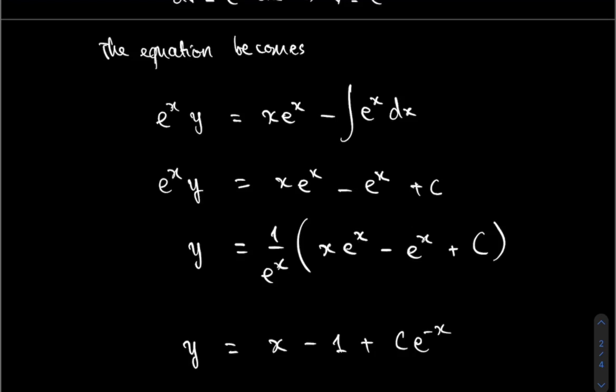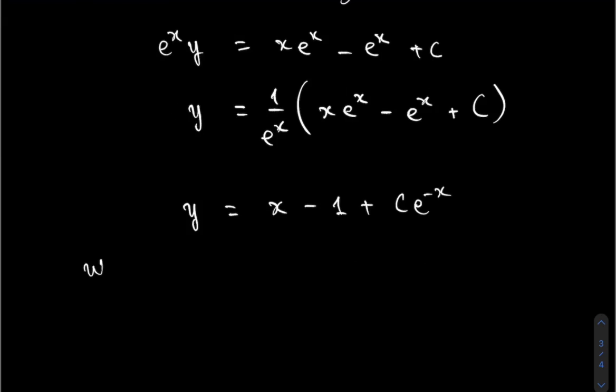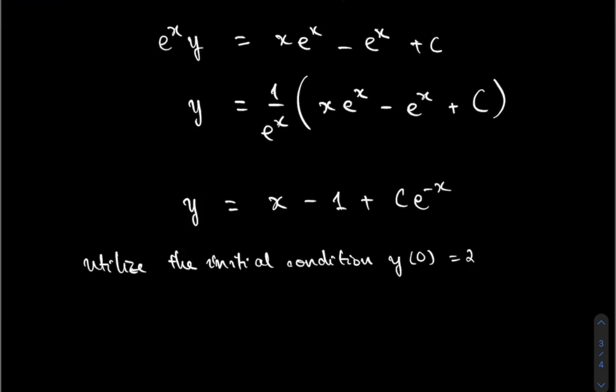Now you can utilize the initial condition to find the value of c. So utilize the initial condition, y of 0 equal to 2. That is the input value x equal to 0 and the output value y equal to 2. So I get 2 equal to 0 minus 1 plus the constant c times e to the 0.